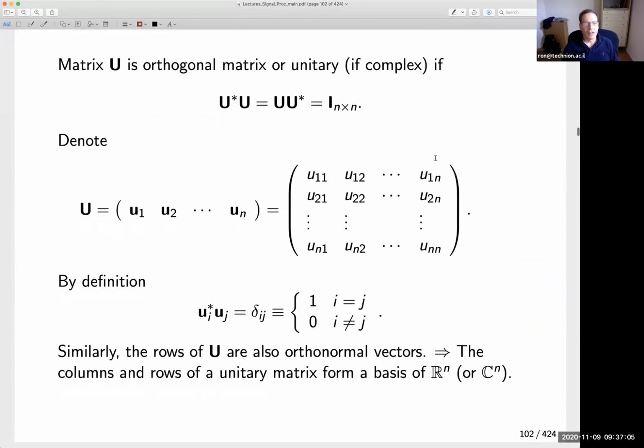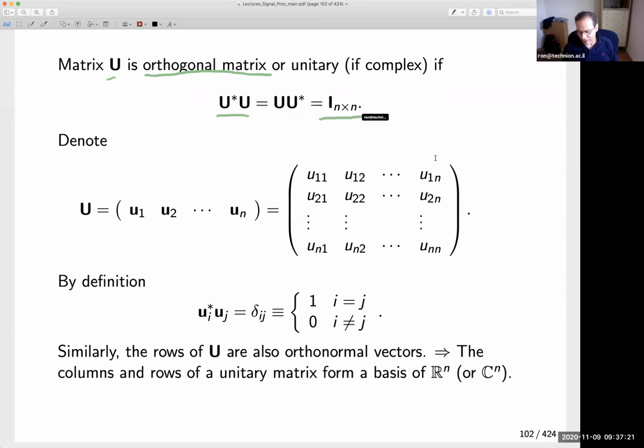Now, an orthogonal matrix: we say that U is an orthogonal matrix if the product of U transpose U is equal to U U transpose, which is equal to the identity matrix.